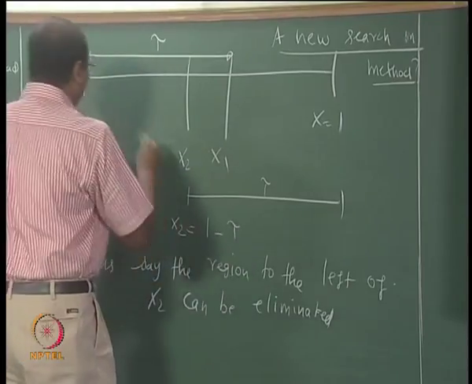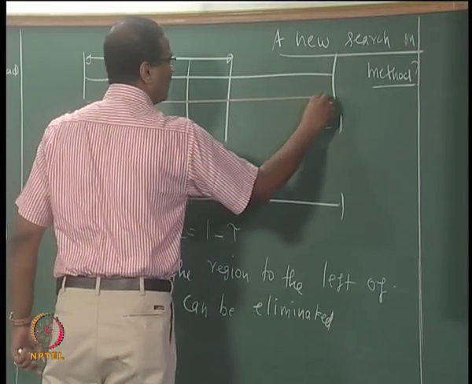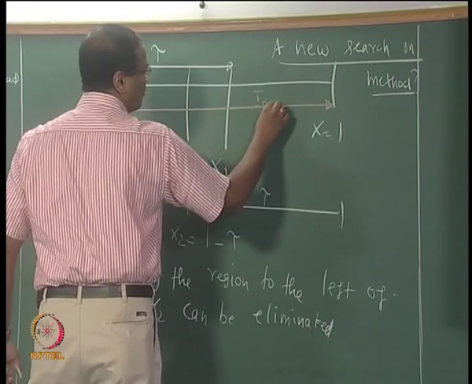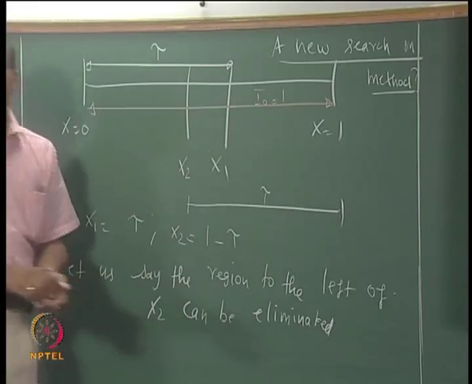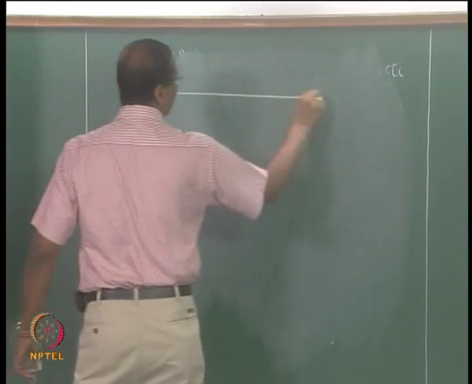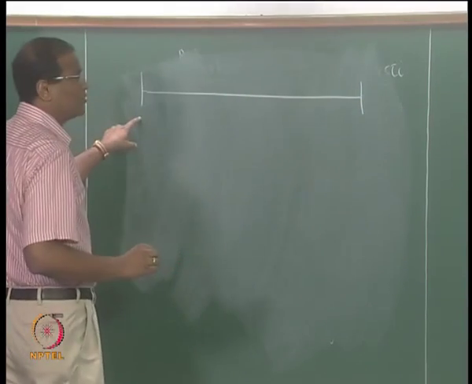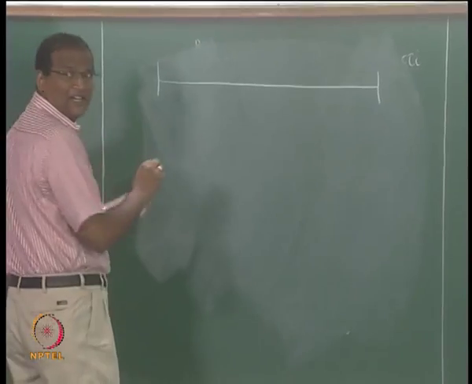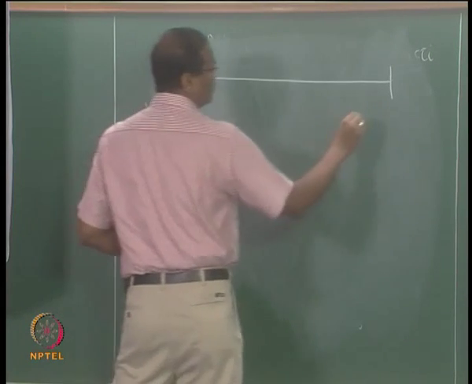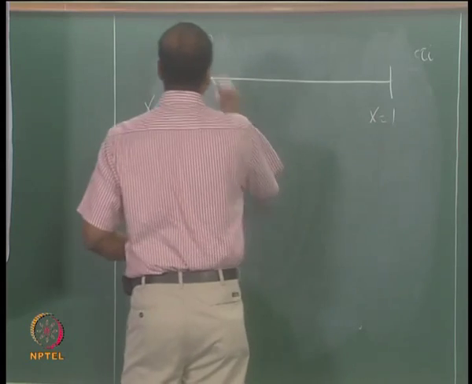I0 is 1, okay. What is I1 now? Good, I1 is tau. So we are starting from x2, right? We are starting from x2, okay. This is x equal to 1.